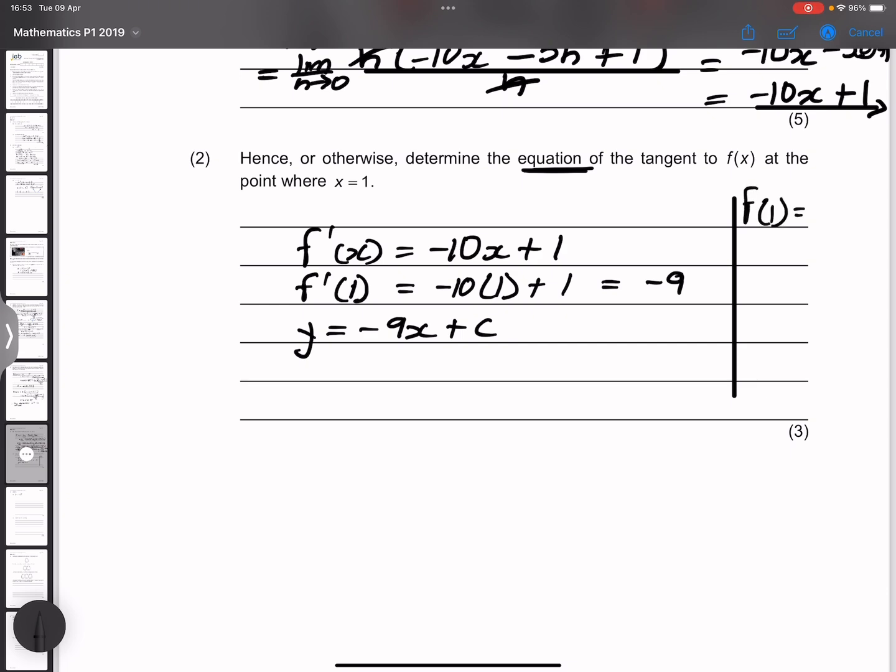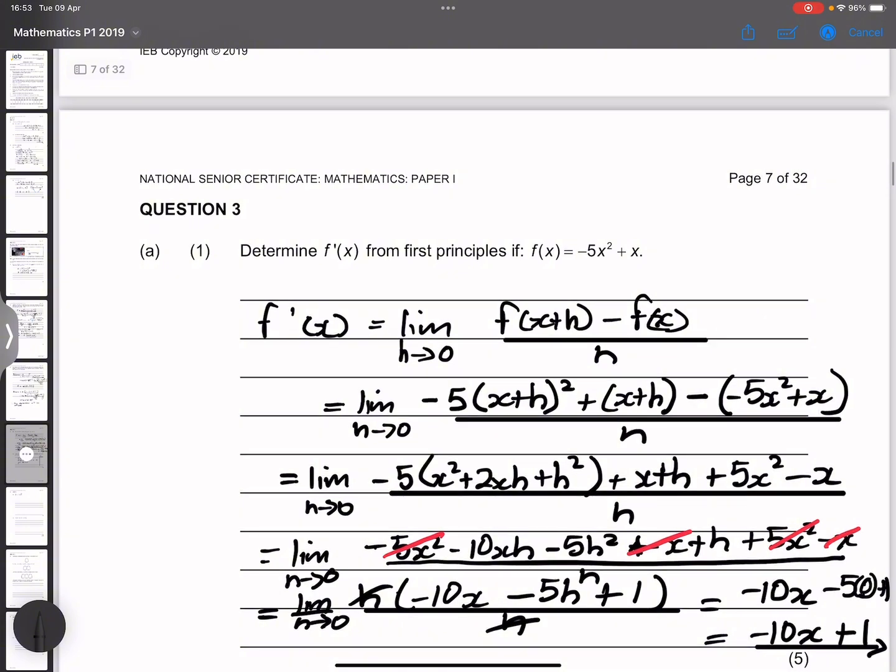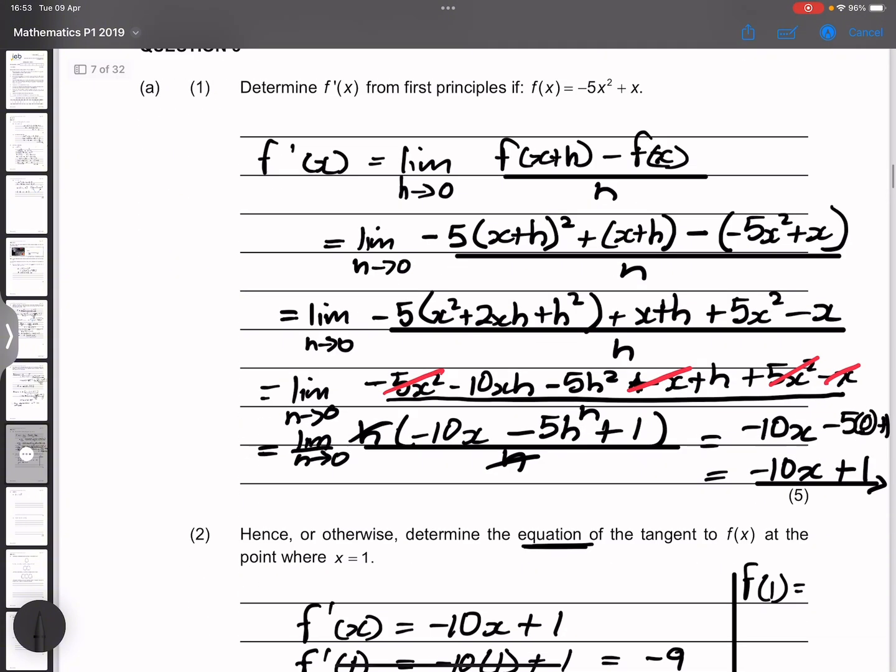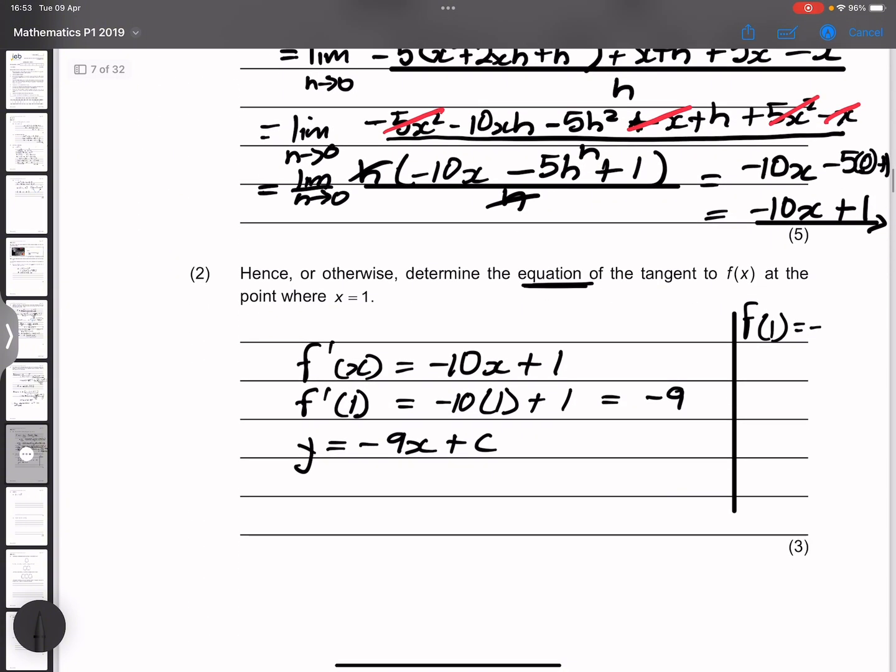It's minus 5x squared plus x, so that's minus 5 times 1 squared plus 1. I substitute 1 for x, so this will give us minus 5, plus 1, that will give us minus 4. Which means the point that the tangent passes through is (1, minus 4).